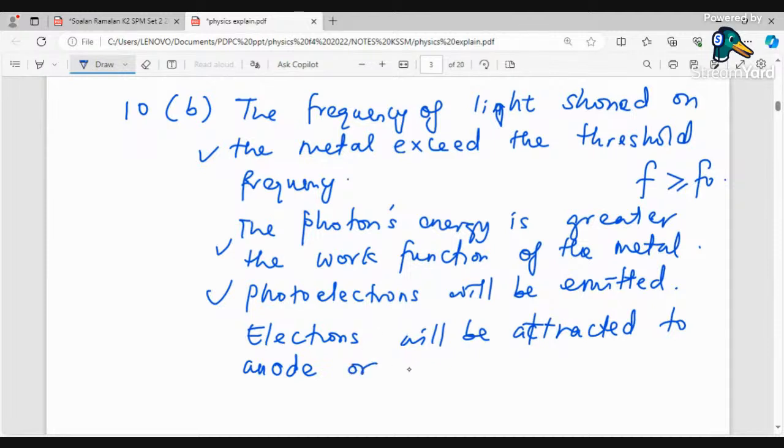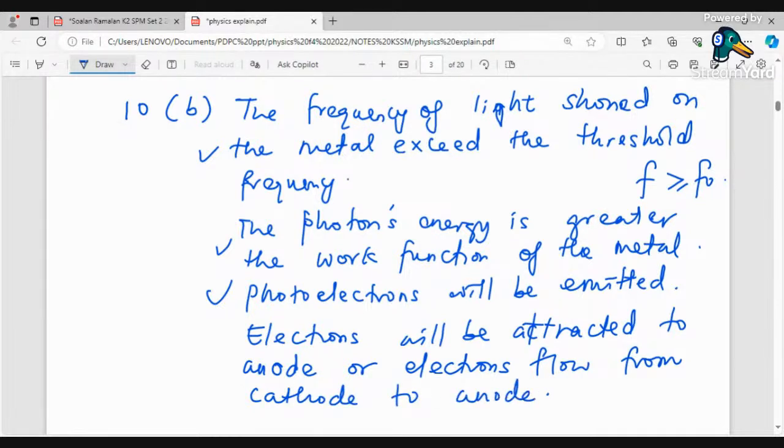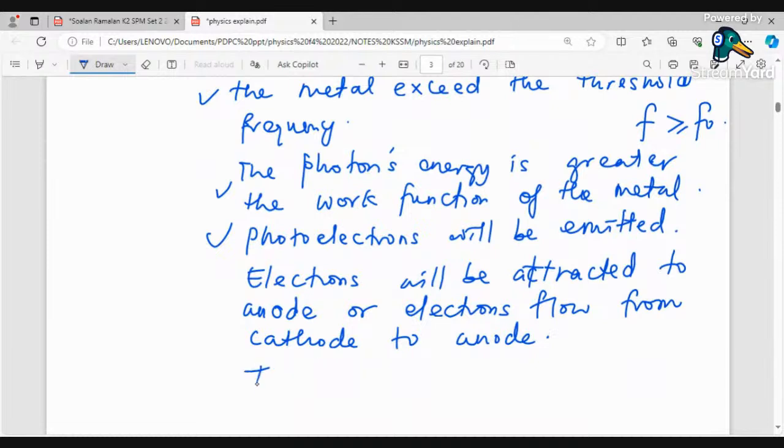Or electrons flow from cathode to anode. So this one will cause just current flow in a complete circuit.